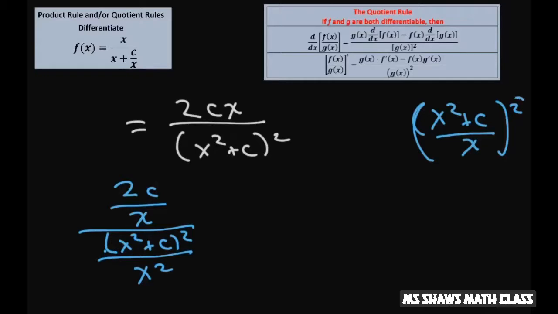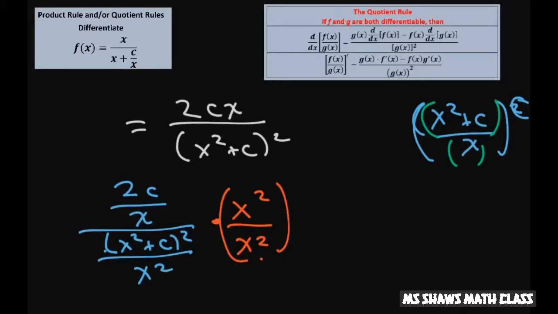So I'm just squaring both of these pieces, squaring the numerator and the denominator. That's why I multiplied it by x squared divided by x squared, because this equals 1. So this would cancel, and you get that. And then x squared divided by x just gives you x. And that's why we got that.